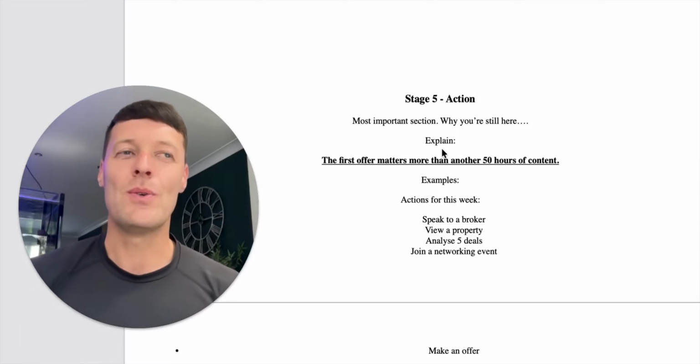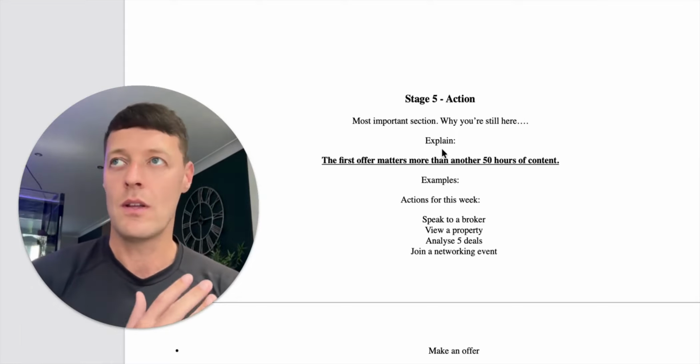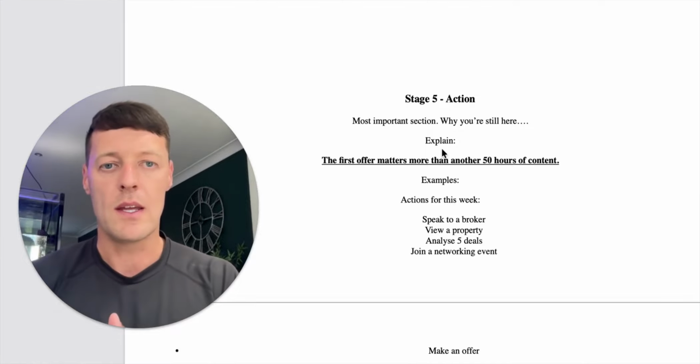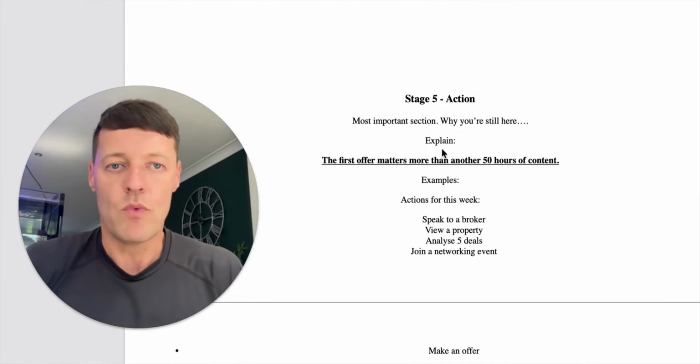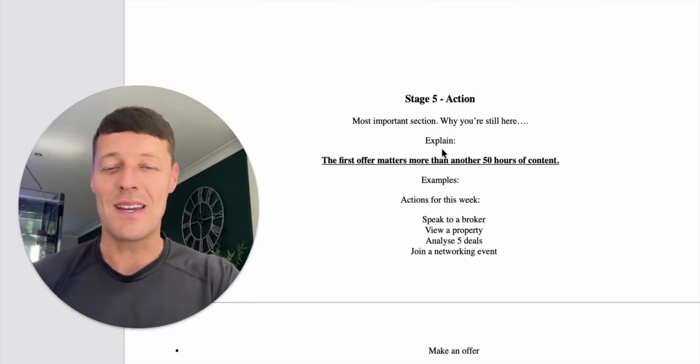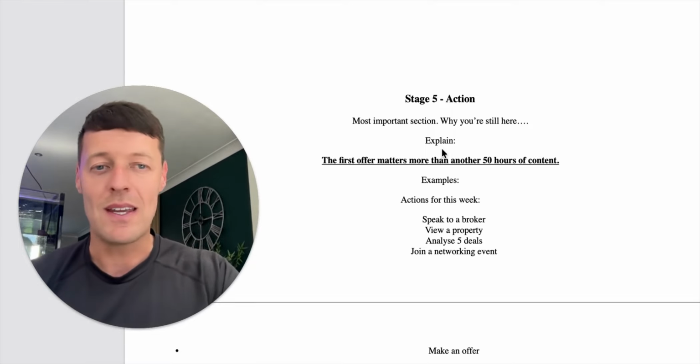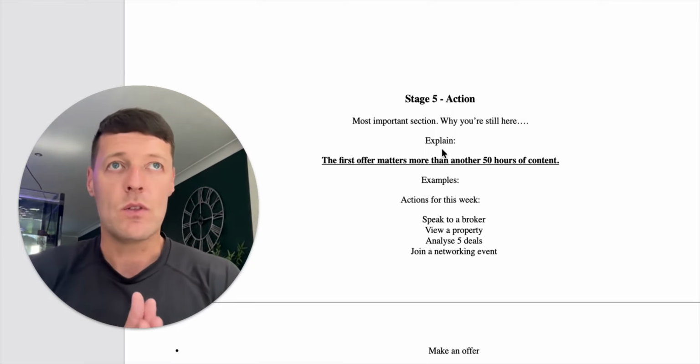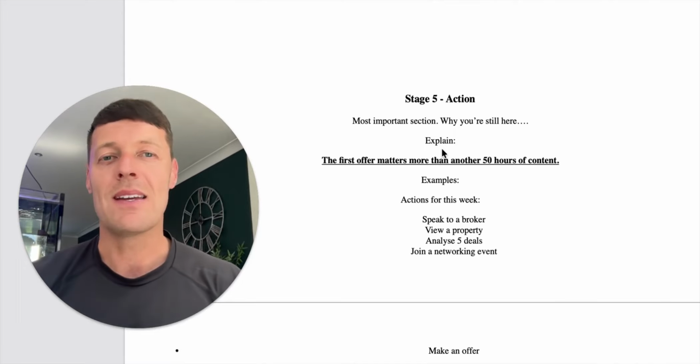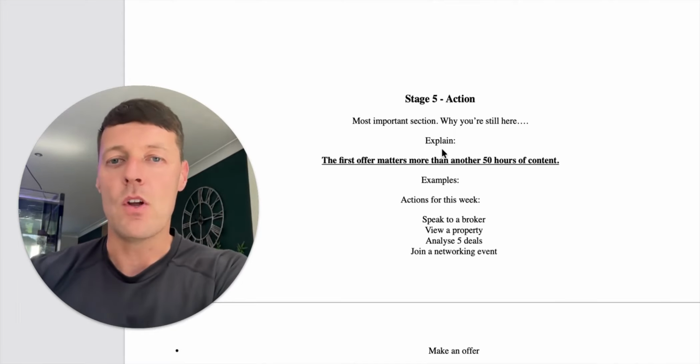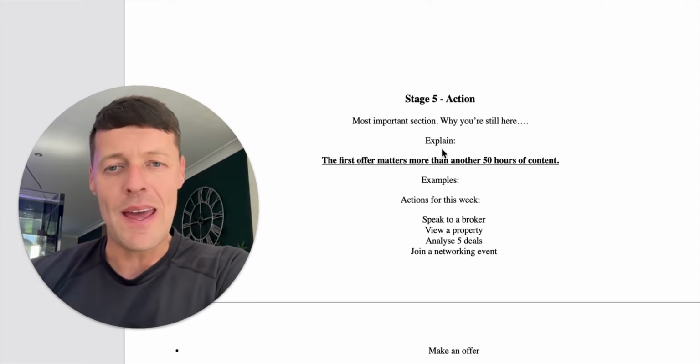Now, moving on to stage 5, the last one, the most important one, the one that probably is the reason you're still here watching this: action, because you haven't taken any action. And as I said at the start, you will never get anywhere by not taking any action, not taking any form of risk.